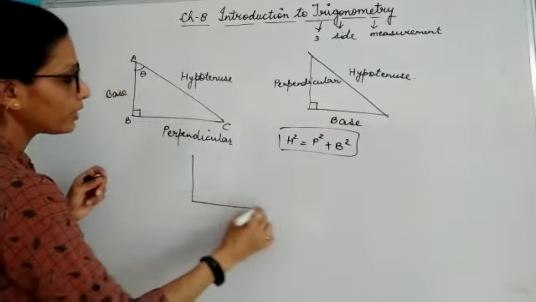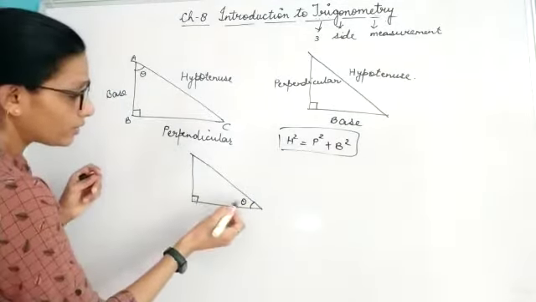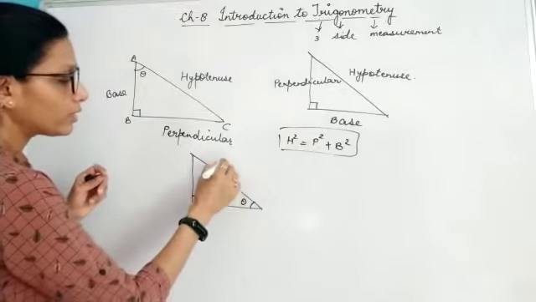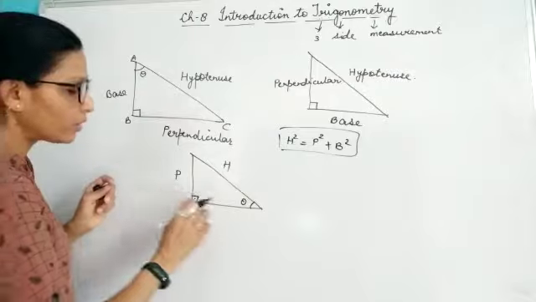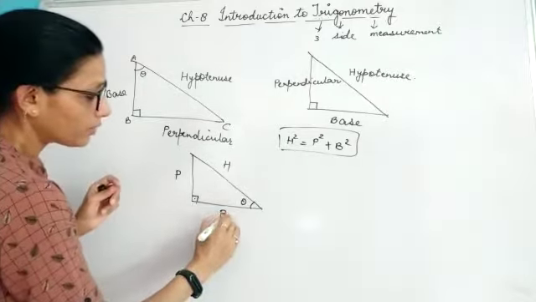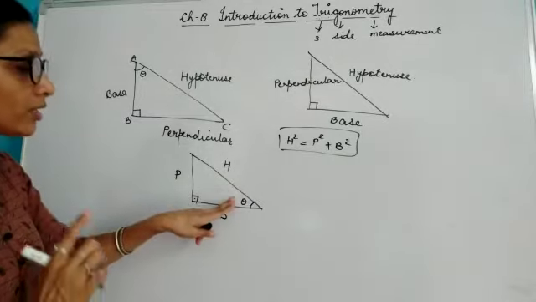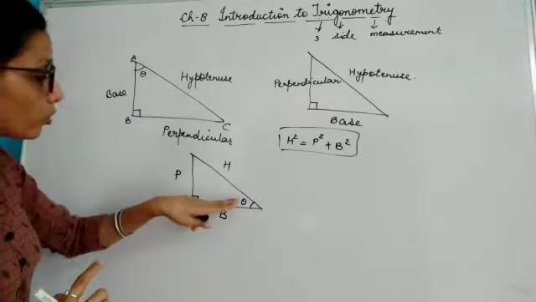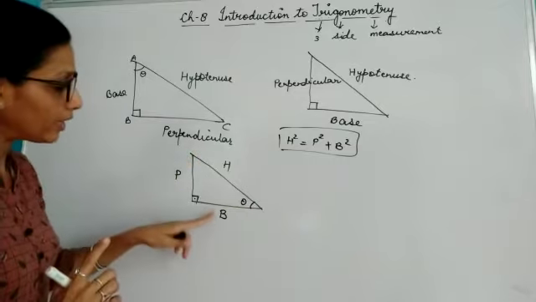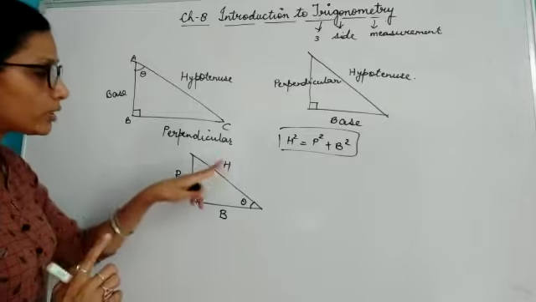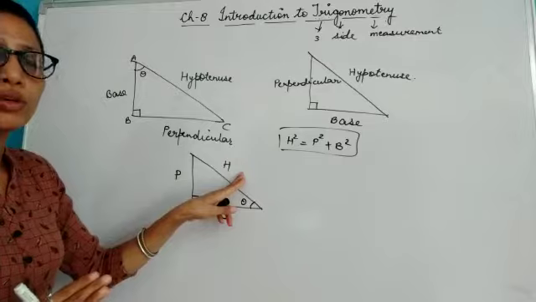Let's suppose I take my theta over here, this is my 90 degree, so just opposite to 90 degree it will be hypotenuse, opposite to theta it will be your perpendicular, and then the leftover will be base. So here the perpendicular depends on the theta you are taking. In front of theta it should always be perpendicular and the leftover side will be base. The place of the hypotenuse is fixed, that means it will always lie opposite to your 90 degree.